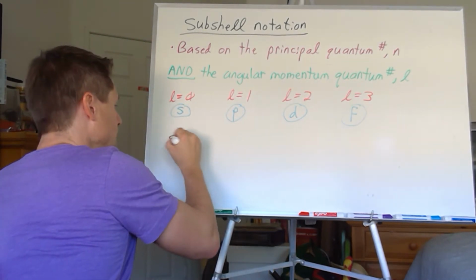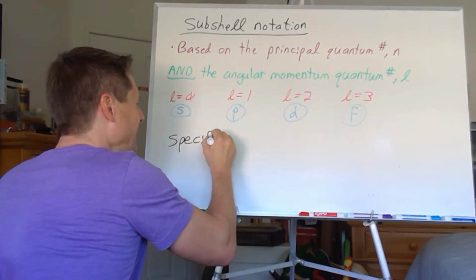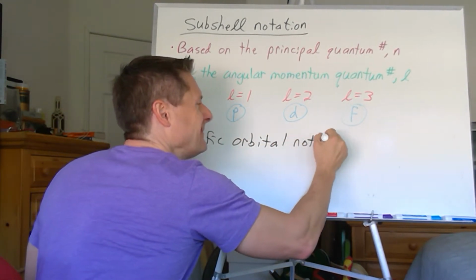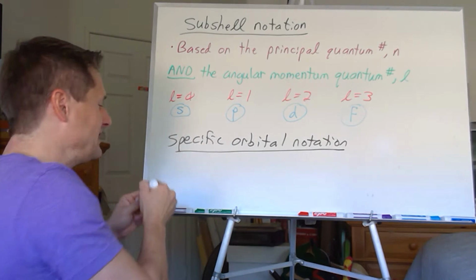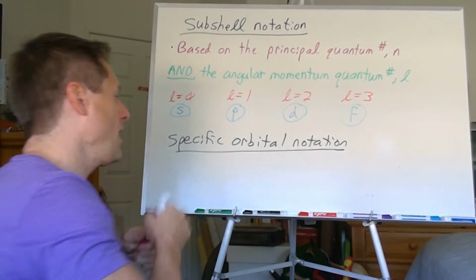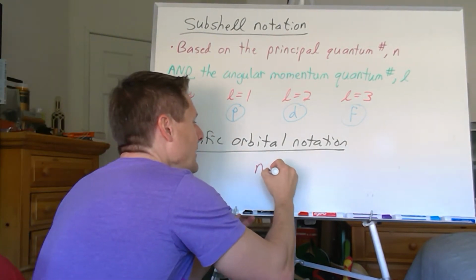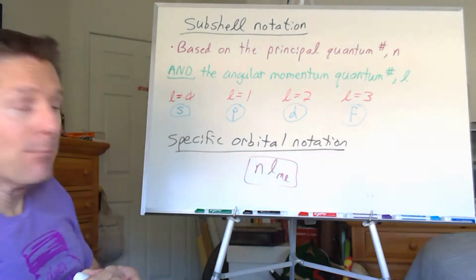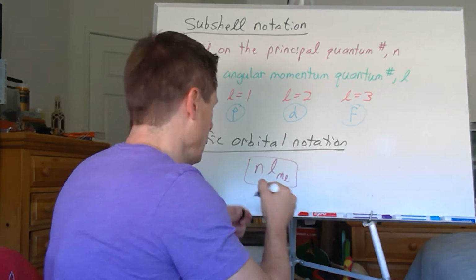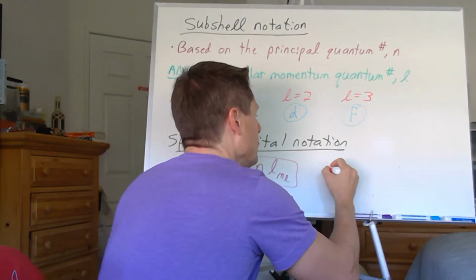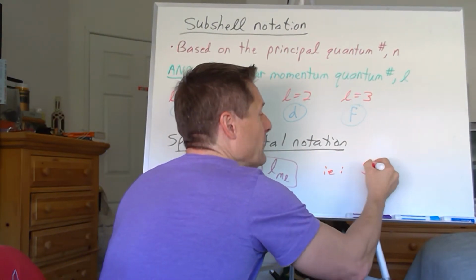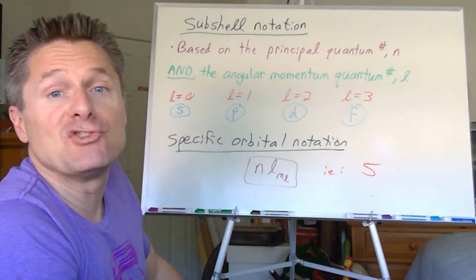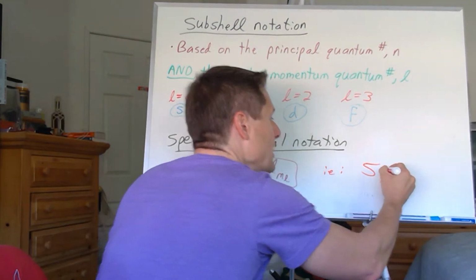All right. So if we do a specific orbital, and again, I'll just write it down, but typically we don't. But if you wanted to, you would do n and then L sub m sub L, right? You do a specific value. For example, let's say we were in the n equals 5 principal energy level, and we were in a p subshell, so L was 1, so we go 5p.